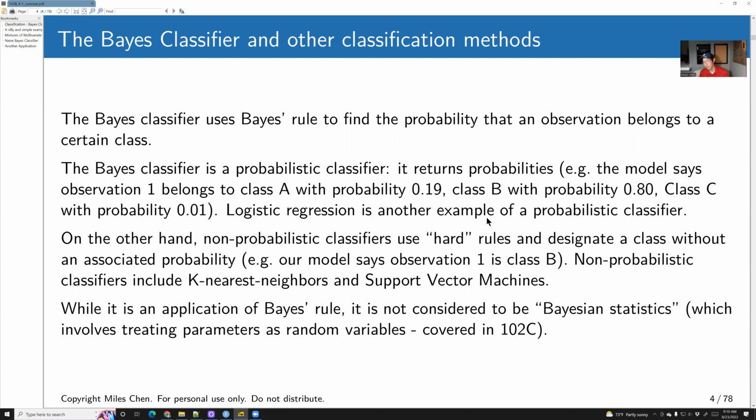That is different from, say, your neural network. The neural network that you're working on right now, you get numbers between 0 and 1, and you're going to use whichever one's the biggest as your class label. But those numbers don't have to add up to 1. They're not even probabilities.